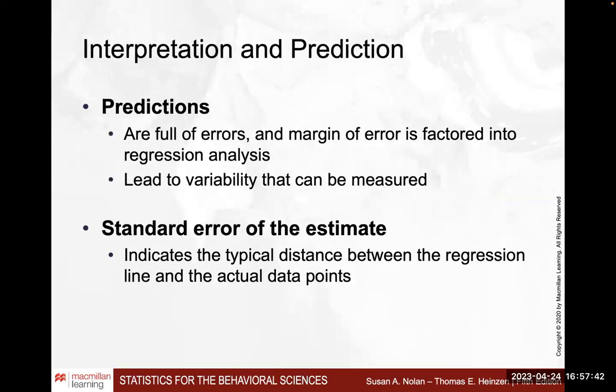So predictions have errors. You want to predict as accurately as possible, right? But as you can imagine, you cannot predict a real value perfectly. If you have a Beck Depression Inventory score and you want to predict depression for an individual just by asking how many stressful life events they had, that's a stretch.